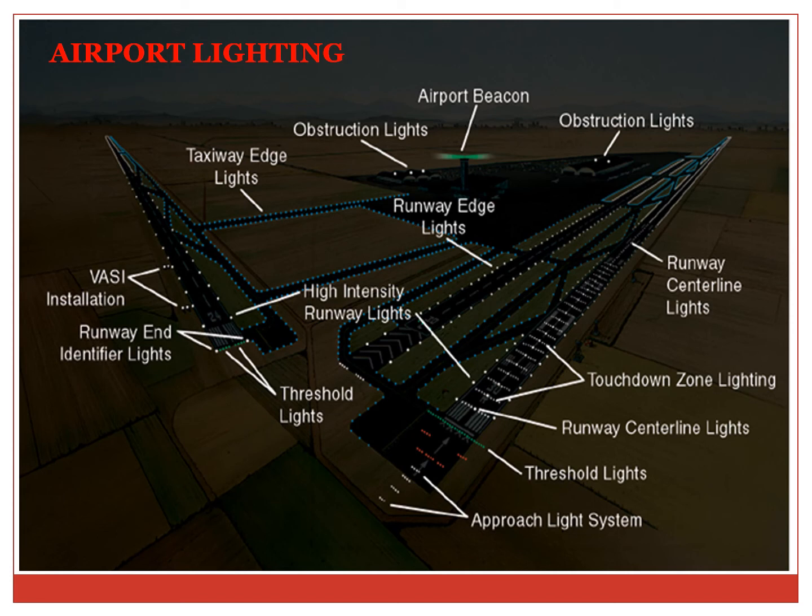So this is how the airport lighting looks like. We have the airport beacon, identification beacon, approach lighting, circle guidance lighting, threshold lighting, runway lighting, taxiway lighting, apron and hangar lighting, stopway lighting, wind direction indicator lighting, and landing direction indicating lighting.